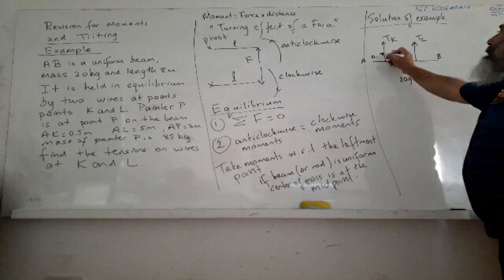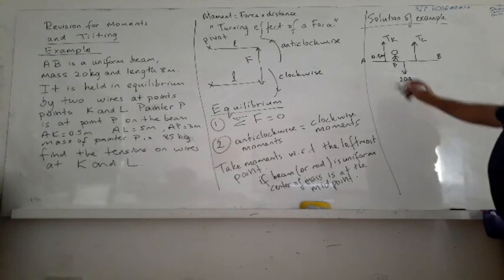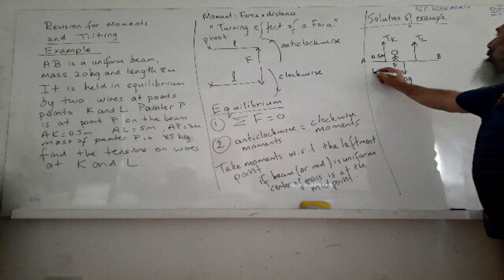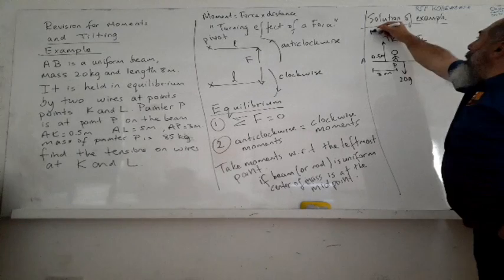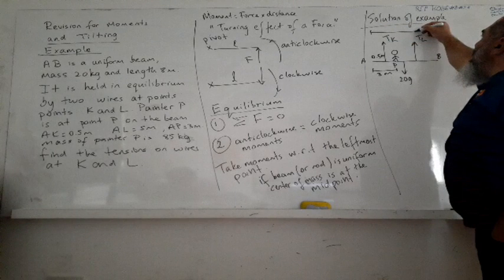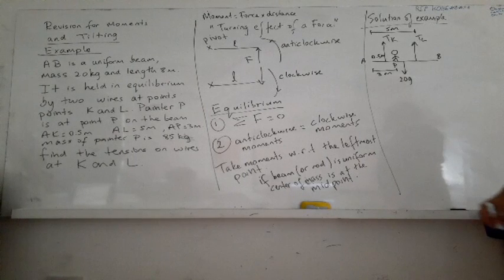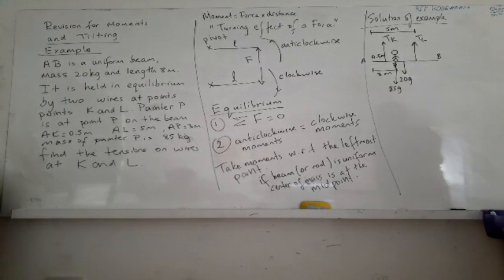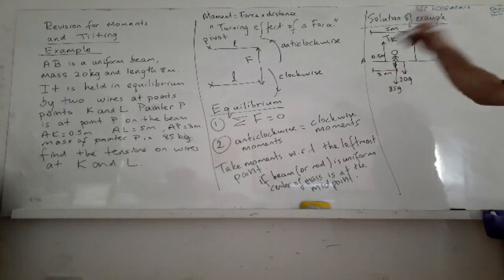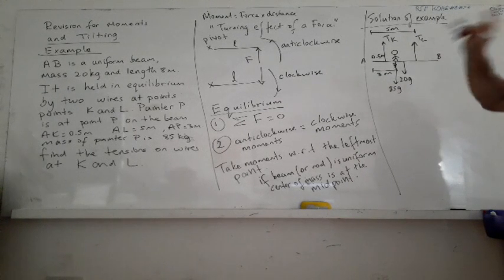From A to P it is 3 meters, and from A to L it is 5 meters. Remember, the distances are very important, and we have an 85 G here pointing downwards for the weight of the painter P.